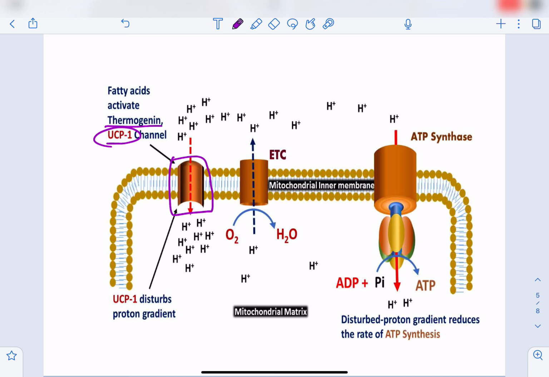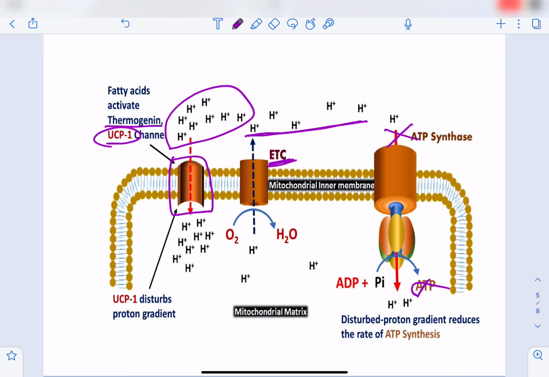As protons are pumped into the intermembrane space by the electron transport chain, instead of going through the ATP synthase complex to form ATP, they are transported into the matrix via thermogenin, the uncoupler protein 1 channel.